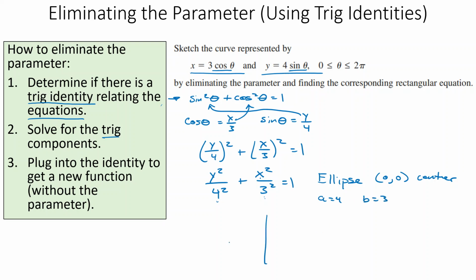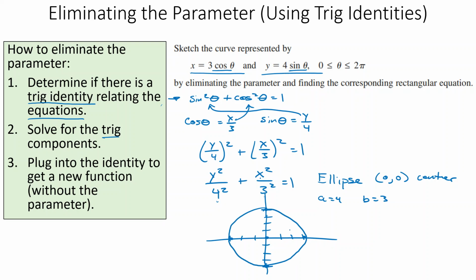So it would look something like this: centered at 0, 0, going 3 in the x direction, 4 in the y direction. I think my y direction is not quite as spaced out as my x direction, but it's going to look something like that.